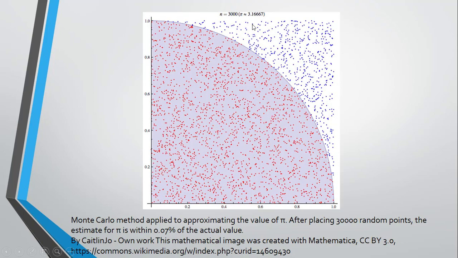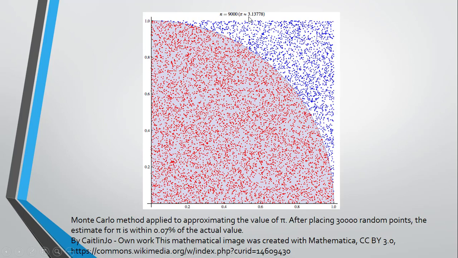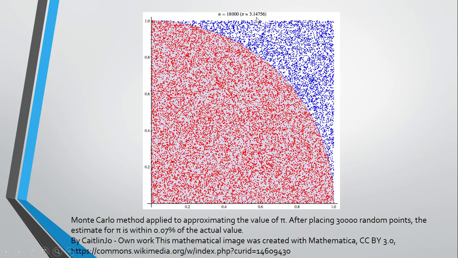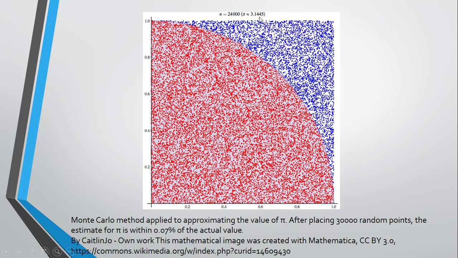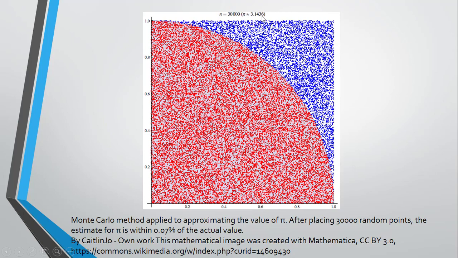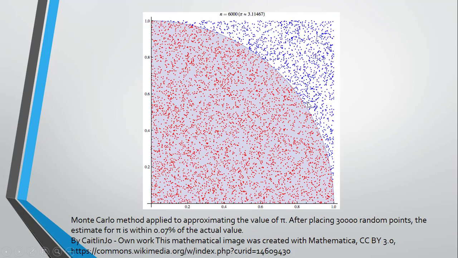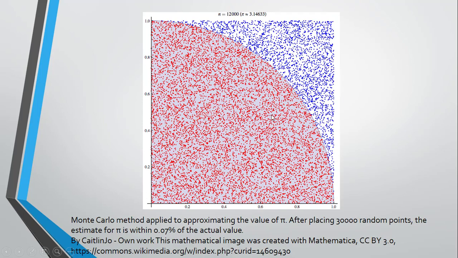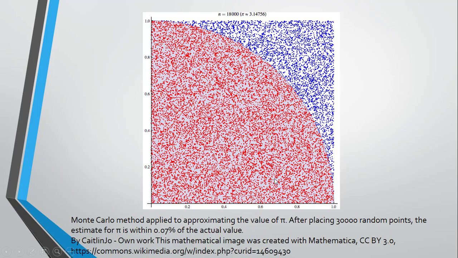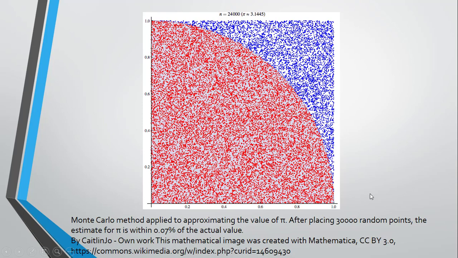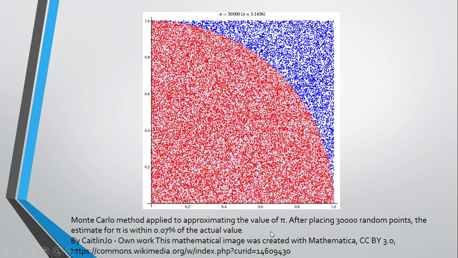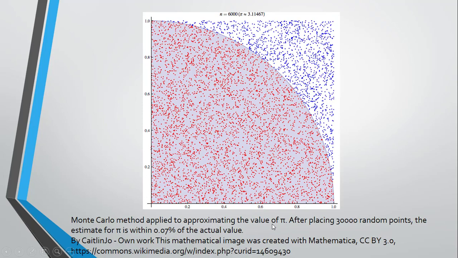You can see the pi values here: 3.1314, 145, 147, 1428, 1445, and 1436. So as you increase the number of dots, you can see the pi is getting closer and closer to true values. Monte Carlo method applied to approximating the value of pi.